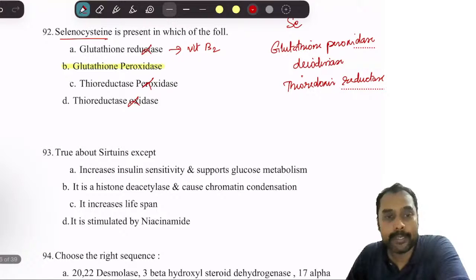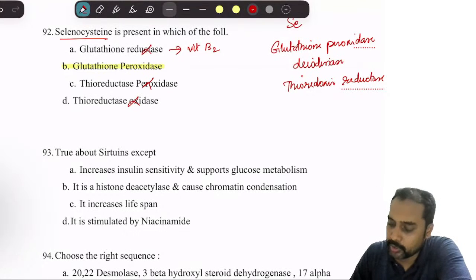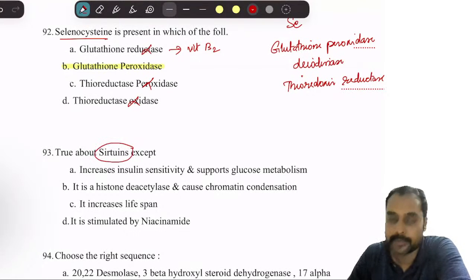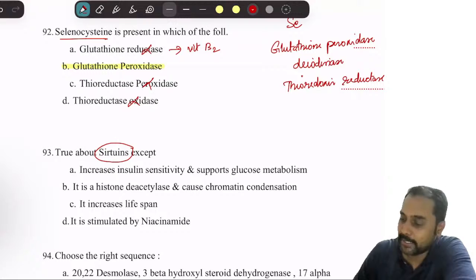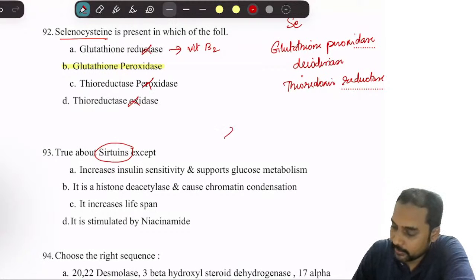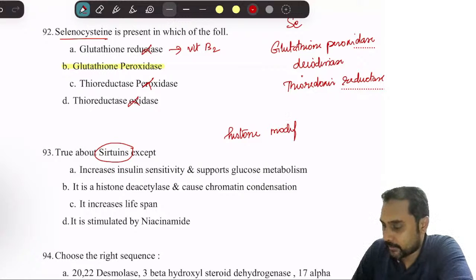Now, in the November 2022 paper, the most difficult question was sirtuins. This was like out of the box, totally nobody had any clue about that. Okay, so sirtuins are actually histone modifiers.